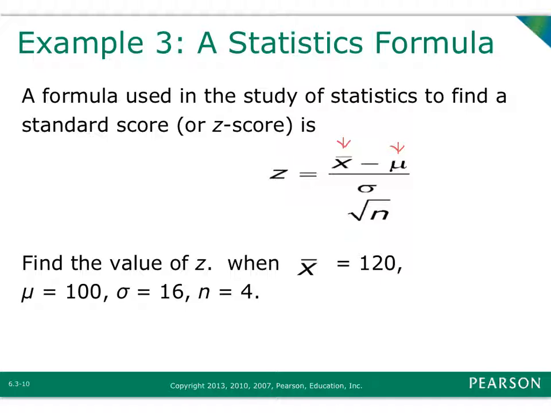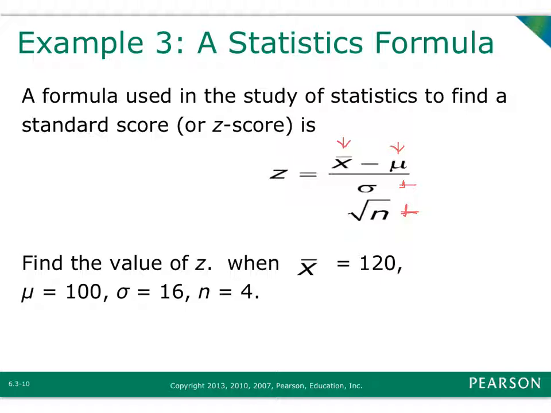And here we have z is equal to x bar, which is the mean value, minus mu, divided by sigma over the square root of n. In statistics, sigma is what we call the standard deviation, and n is the sample size that is used.